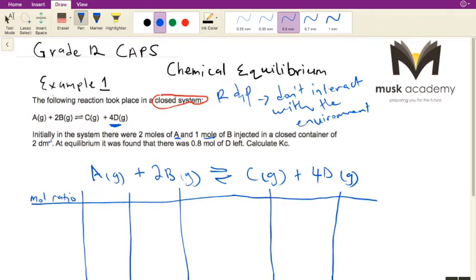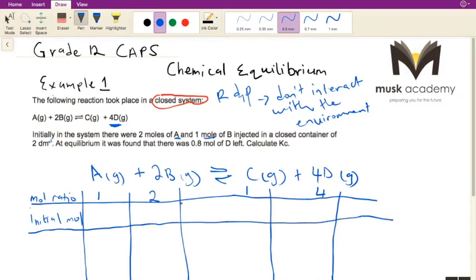So the mole ratio is: 1 mole of A reacts with 2 moles of B to give you 1 mole of C and 4 moles of D. Now the second row here is the row that shows you the initial mole.